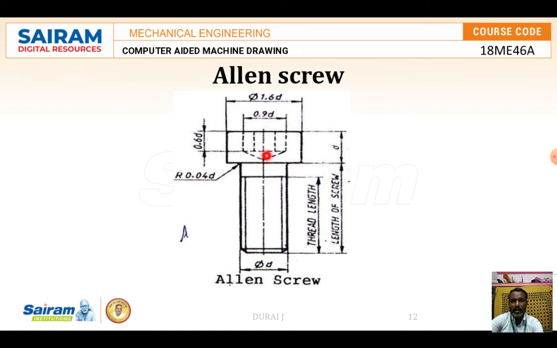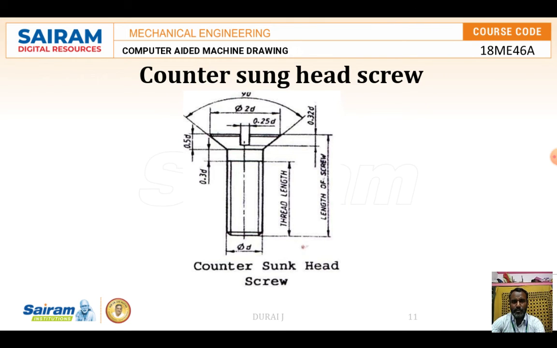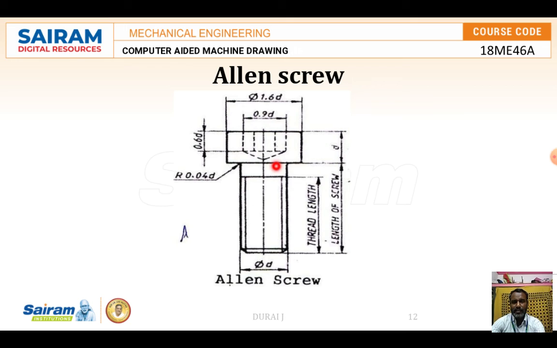Then comes the Allen screw. The Allen screw will have a rounded space. It will be like a counterbore. Normally in a counterbore the straight edge comes with the same diameter, but here the extruded portion is coming over here.